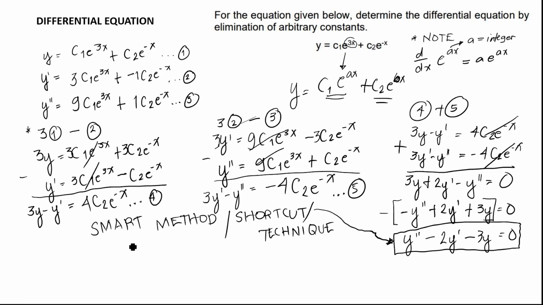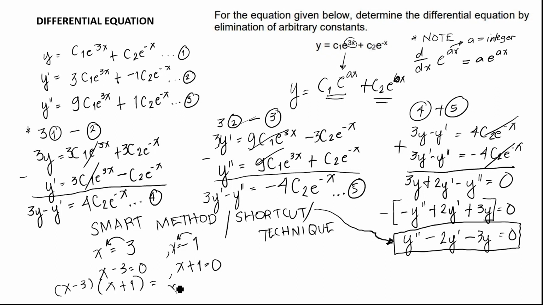The coefficient of that power is 3. And then the coefficient of the next power is negative 1. Just equate it to x. This will be x minus 3. Let's transpose 3 here: x minus 3 equals 0. And then x plus 1 equals 0, transposing negative 1 here. Then let's multiply x minus 3 times x plus 1. This is equal to x squared.